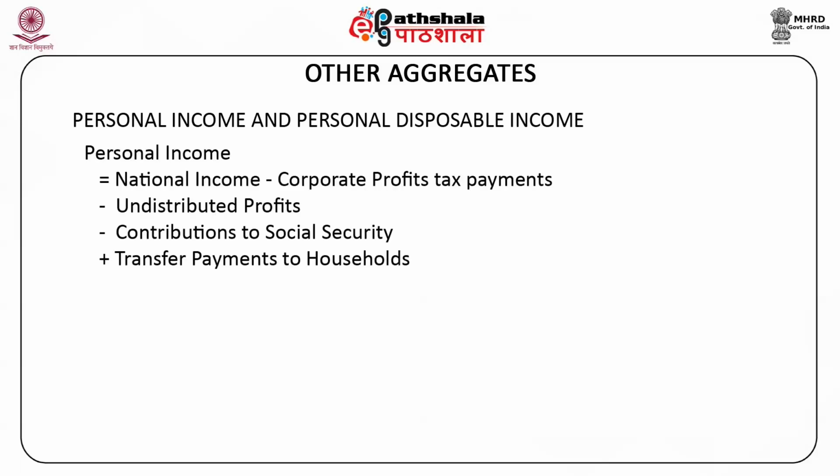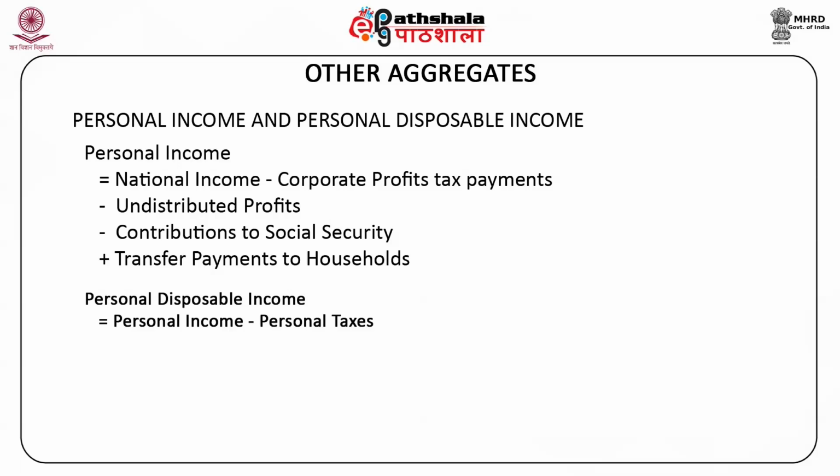That is, personal income is equal to national income minus corporate profit tax payments minus undistributed profits minus contribution to social security plus the transfer payments to the households plus the personal interest income.